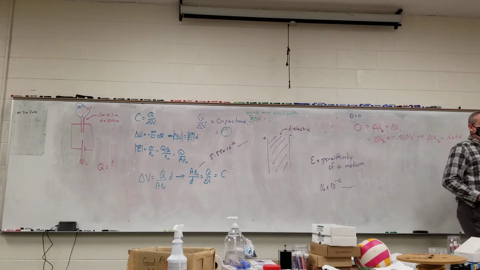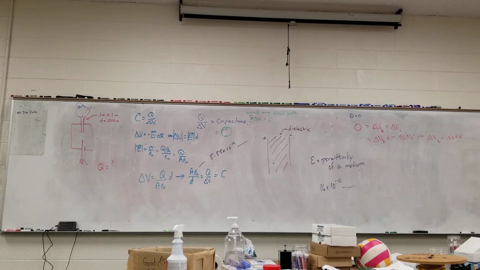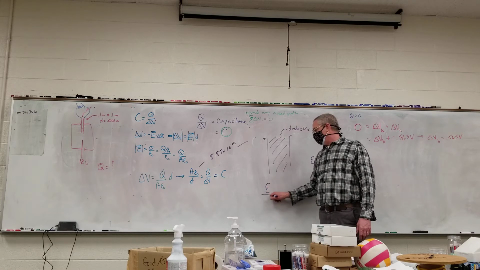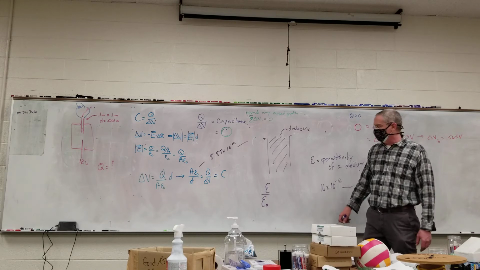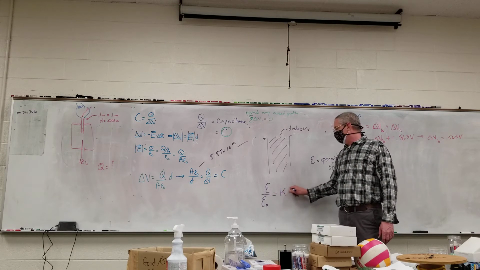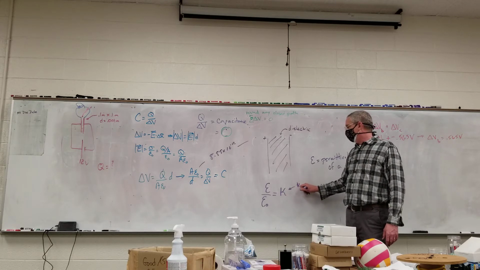Now, instead of trying to remember the permittivity in scientific notation for all different materials, they decided to go for a shortcut. If you take the permittivity of the material divided by the permittivity of free space, this is a kappa. It is not a K, it's a kappa.